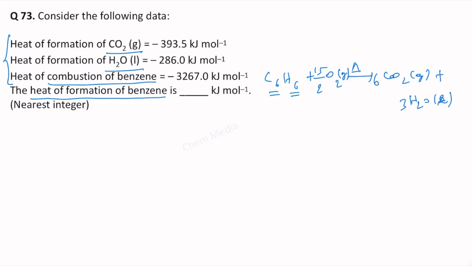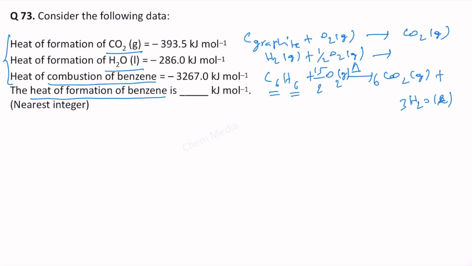Let us write two equations for the heat of formation of CO2 and water. So that is graphite reacting with O2 giving CO2 gas. For this one we have the data, and then H2 gas reacting with half a mole of O2 giving water.